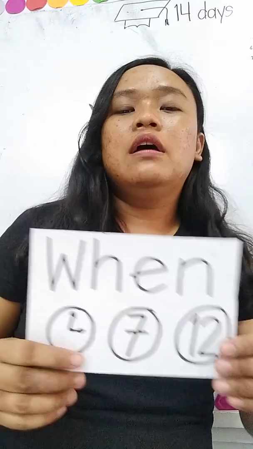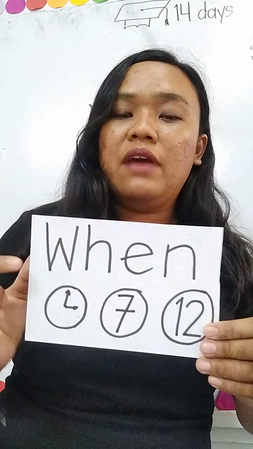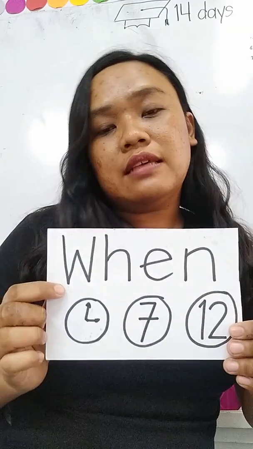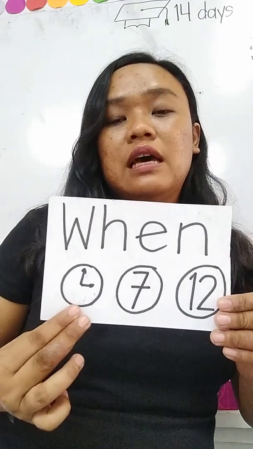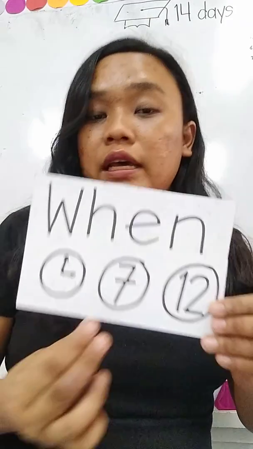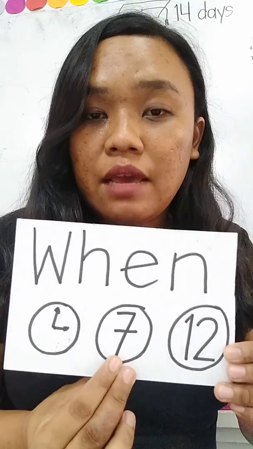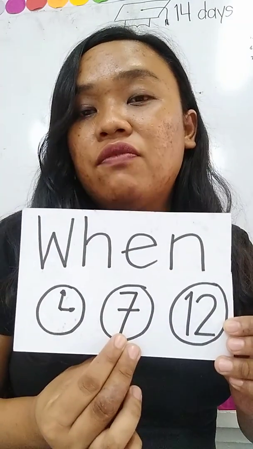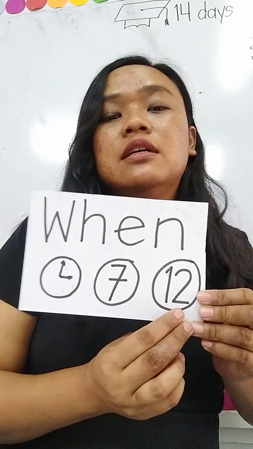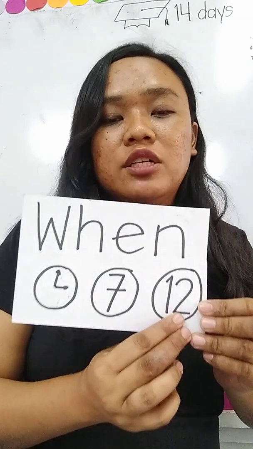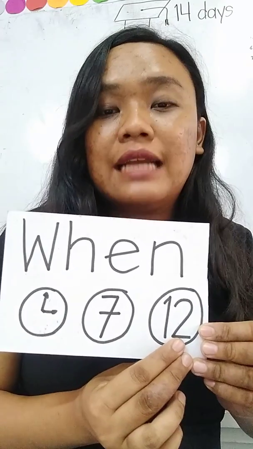Next, we have when. Whenever we use the asking word when, it's talking about time. But not only the time in the clock, like this picture, it can also talk about the 7 days of the week, Sunday, Monday, Tuesday, Wednesday, Thursday, Friday, Saturday, or the 12 months of the year, which is January, February, March, April, May, June, July, August, September, October, November, and December.